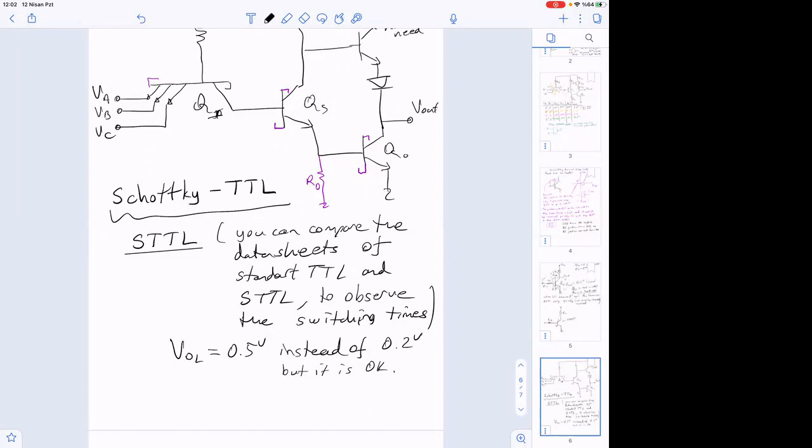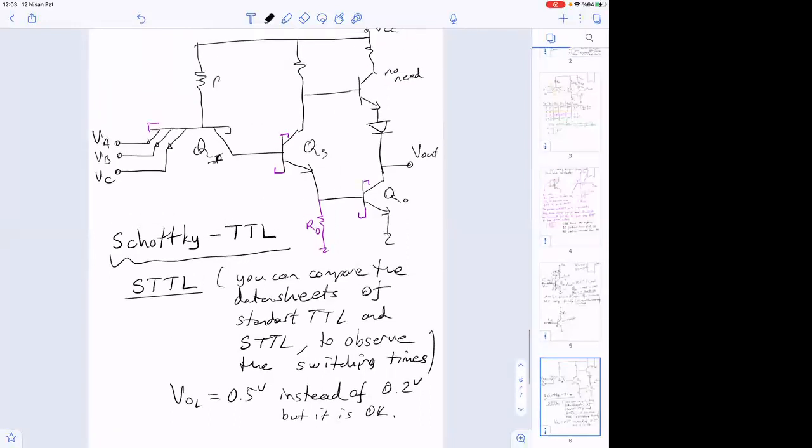But there are low power Schottky TTL and high speed Schottky TTL. When you say low power Schottky TTL, they increase these resistances so that the power consumption is going to be small. So there are high speed ones.